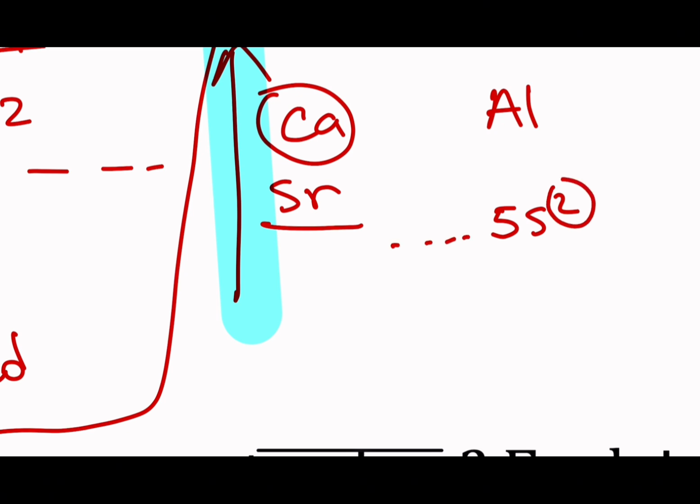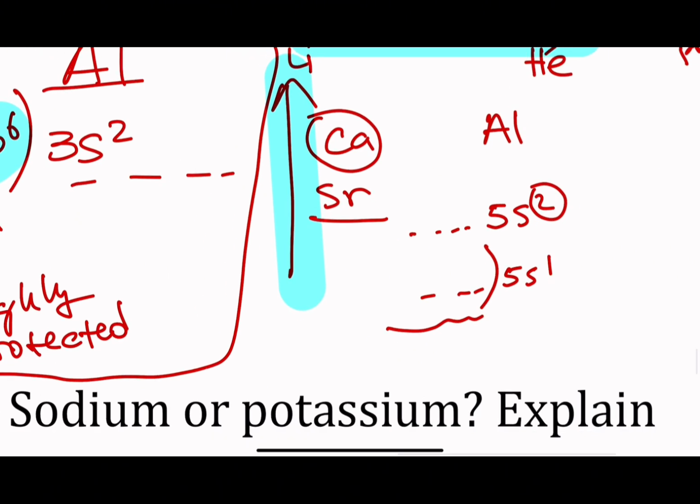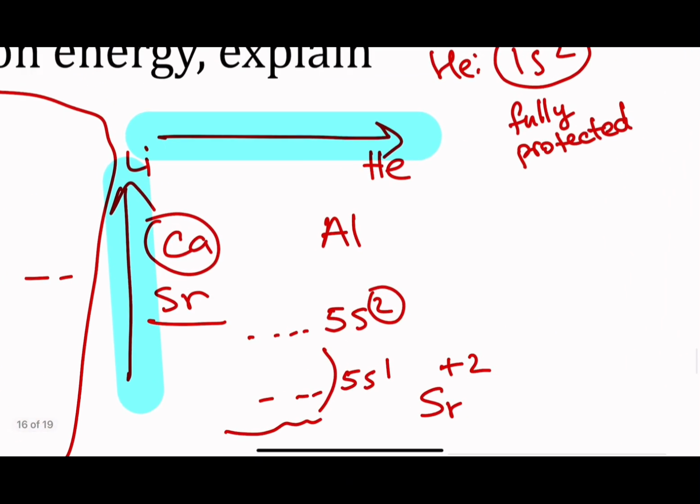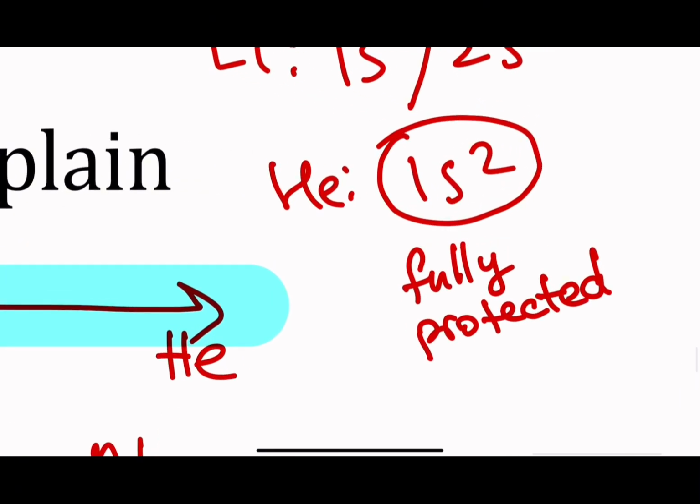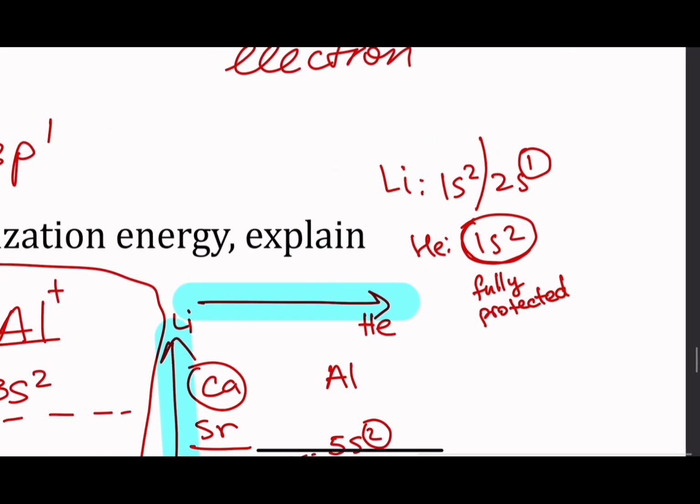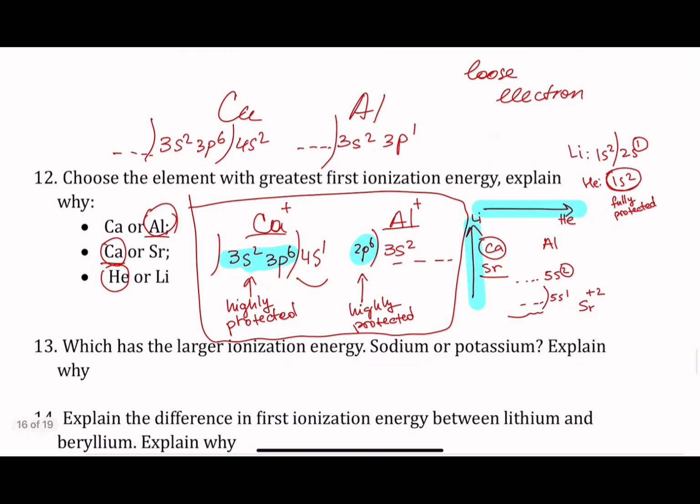So it can lose one electron very easily, becoming 5s1. It's not touching the inner shell, so strontium is safe to even give one more electron and make the charge +2. But helium would not give any electron from outside to anyone. That's why it will have the highest ionization energy.